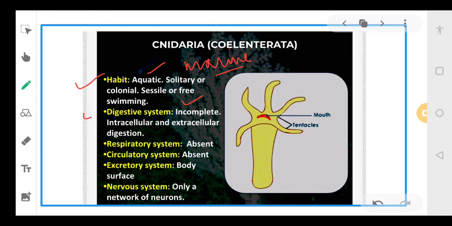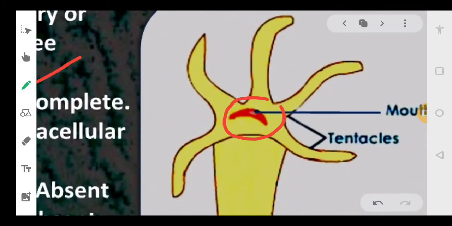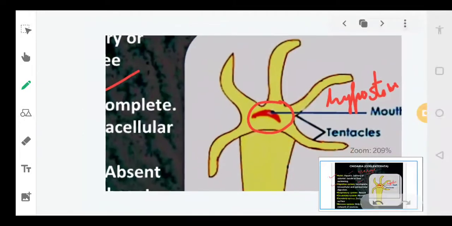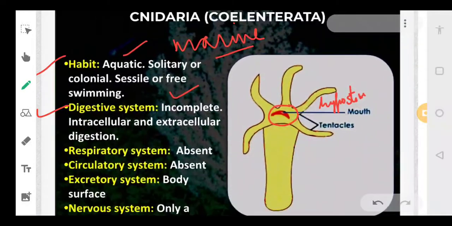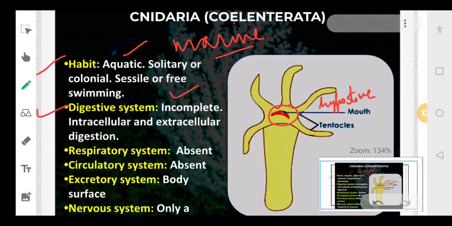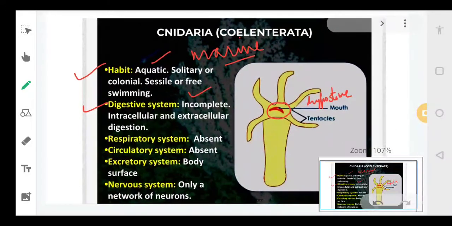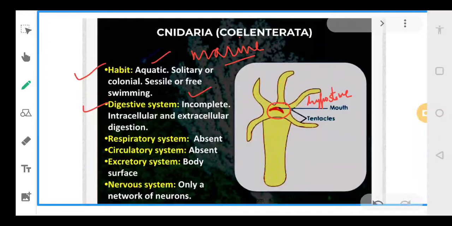Now, the organisms that belong to the phylum Coelenterata have a central opening, as you can see in the picture. This central opening is referred to as the mouth or hypostome. So the digestive system has a single opening, only the mouth or hypostome, and that is why the digestive system is incomplete.